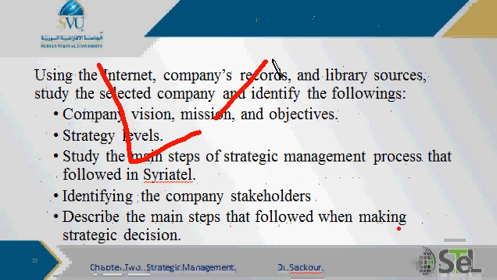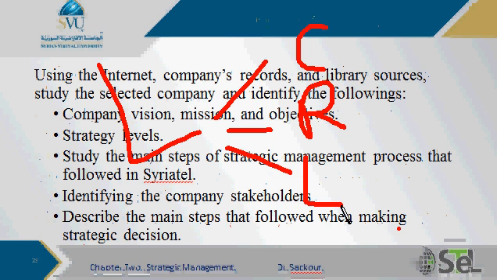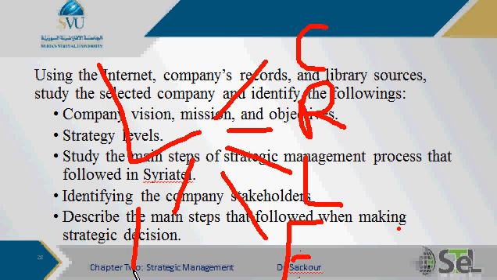We have coercive power, reward power, legal power, expert power, and referent power. All this is the leadership process. Don't forget, guys, we discussed this in this chapter.